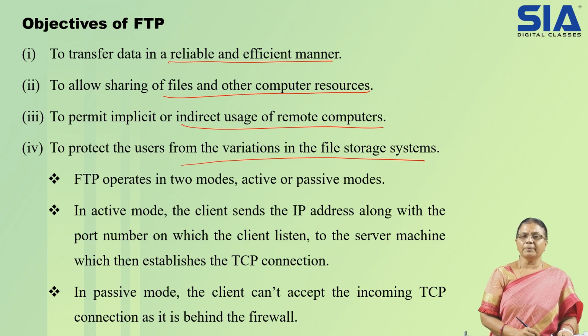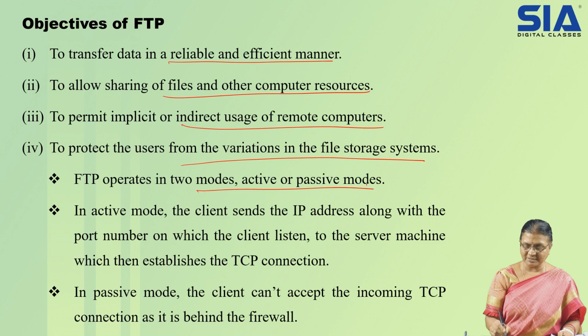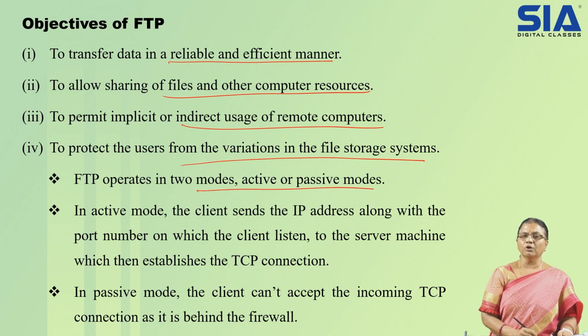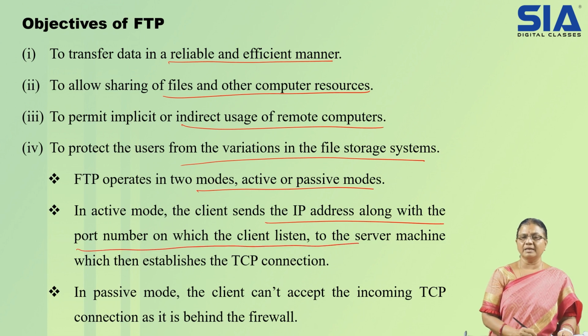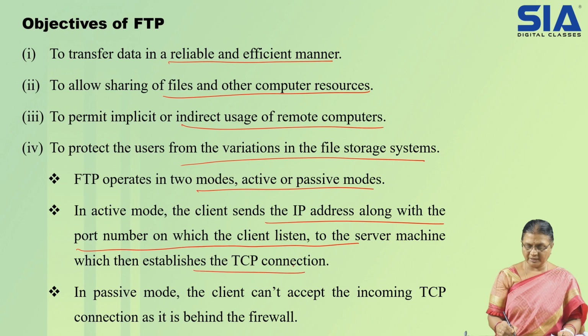Now, FTP operates in two modes: active mode and passive mode. In active mode, the client sends its IP address along with the port number on which the client listens to the server machine, which then establishes the TCP connection.